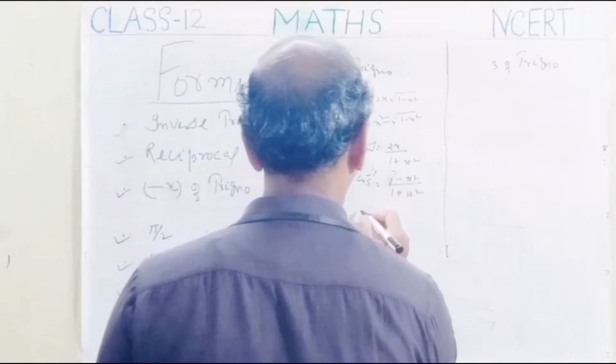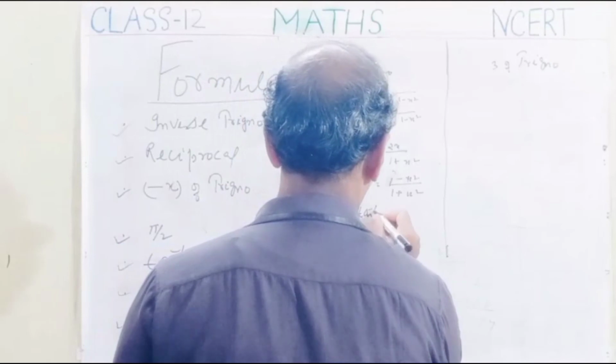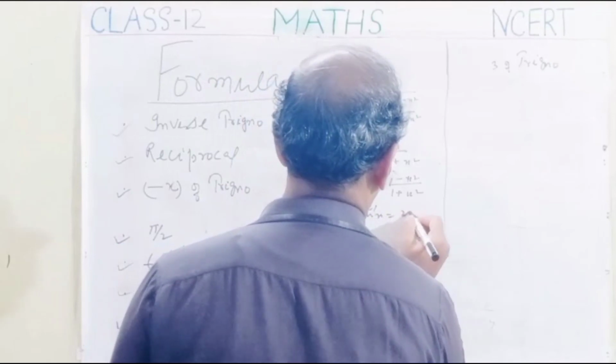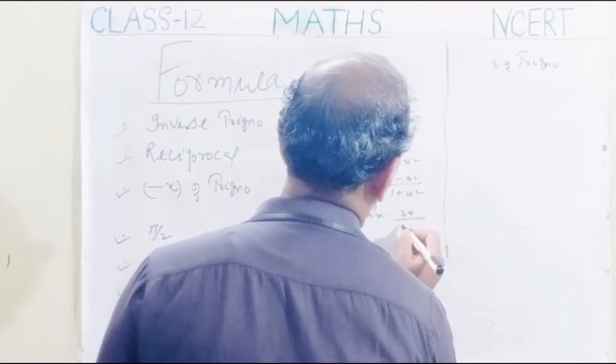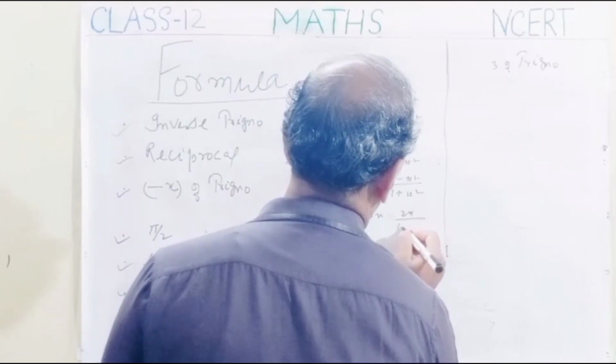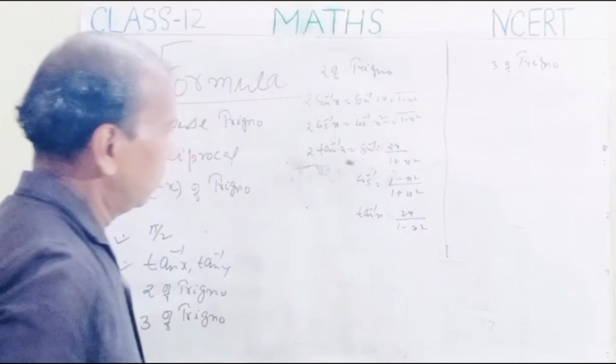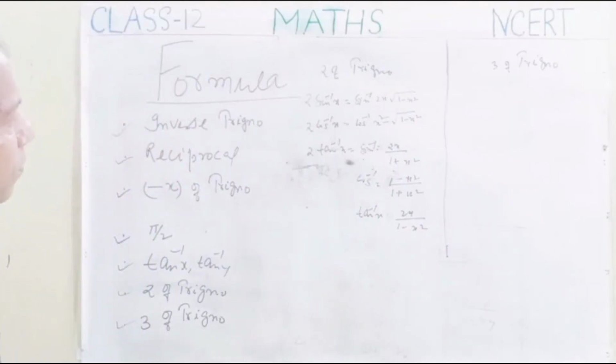And tan inverse x: 2 tan inverse x is equal to tan inverse 2x divided by 1 minus x square. So these are the formulae for 2 of this trigono.